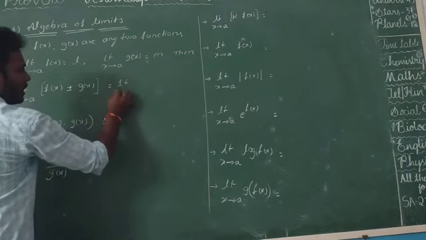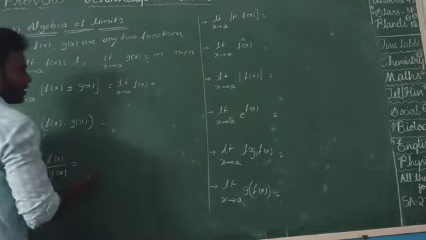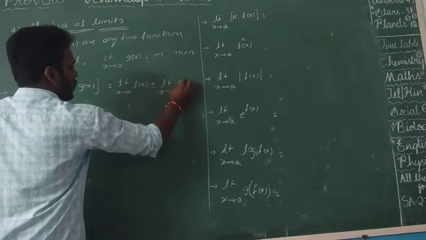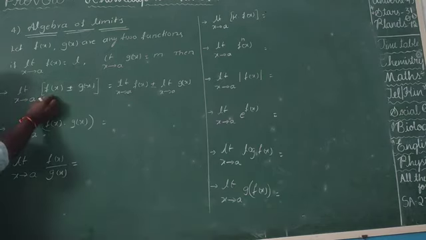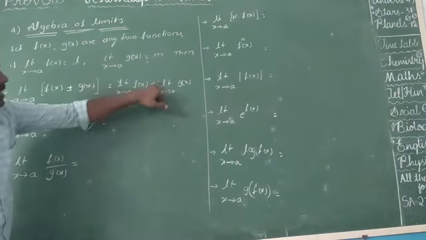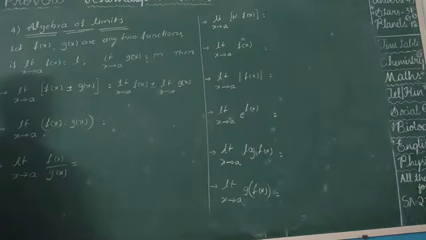That is limit x tends to a, f of x plus or minus limit x tends to a, g of x. So you apply the limit for f of x and for g of x also.